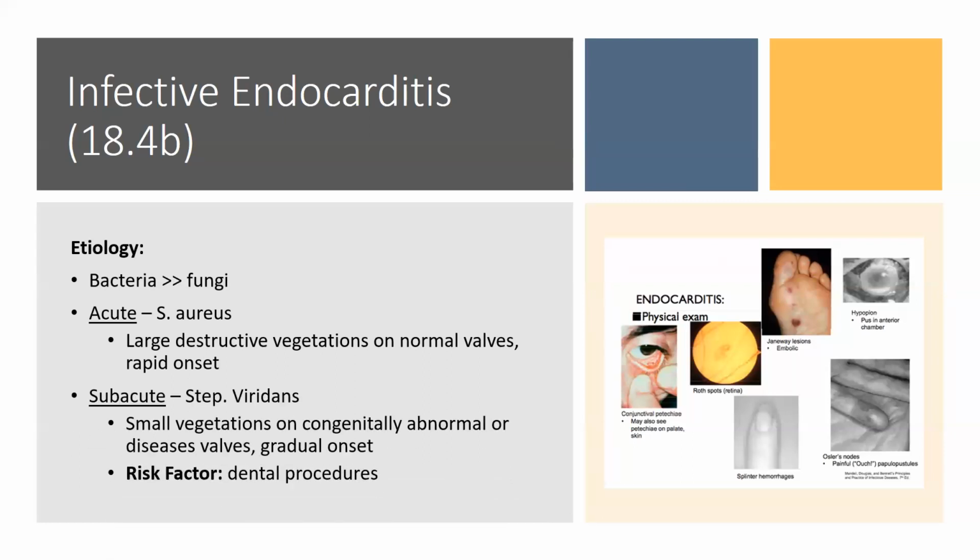For subacute endocarditis, you're going to see strep viridans as your most common etiology. You'll see smaller vegetations on valves that are congenitally abnormal or diseased, and this will be more of a gradual onset. This is the endocarditis that we associate with dental procedure risk, our strep viridans.